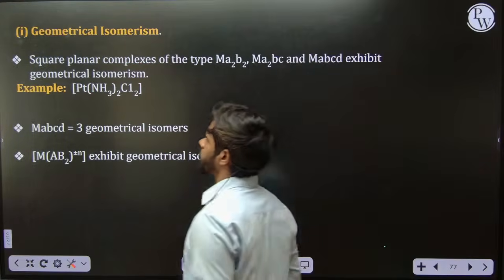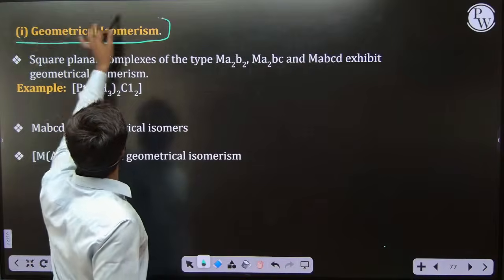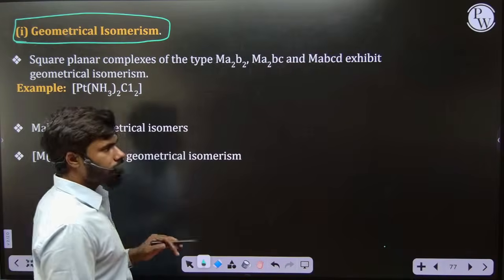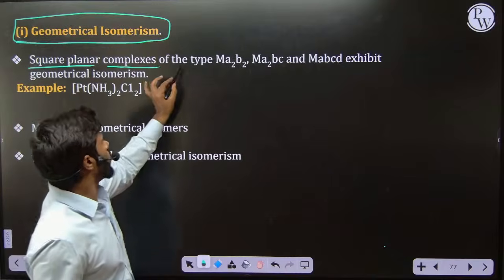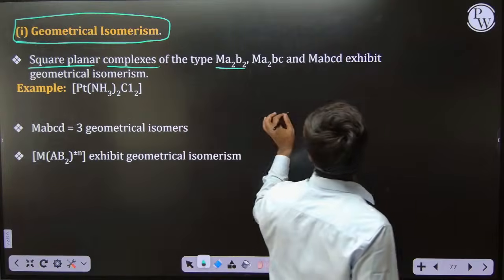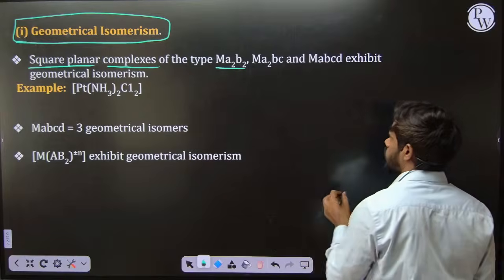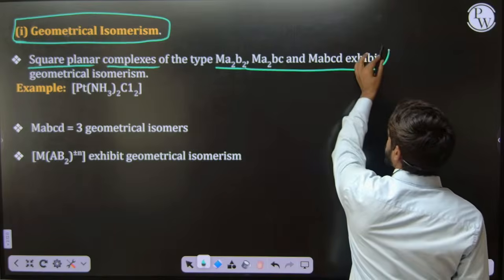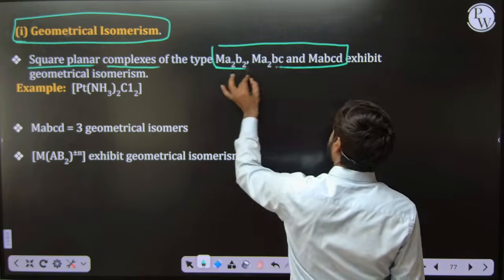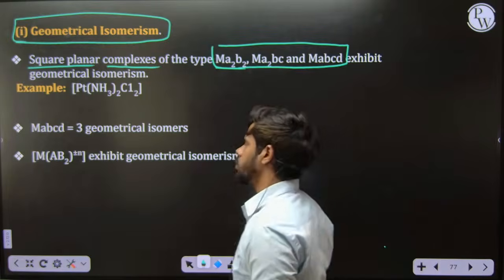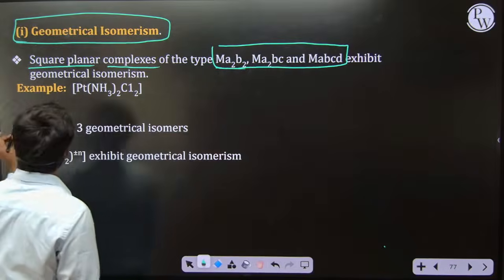So GI is possible in case of square planar, as tetrahedral cannot show GI. So we are starting with the square planar. Square planar complex of type M A2 B2. All the types of square planar can show, sorry, geometrical isomer.